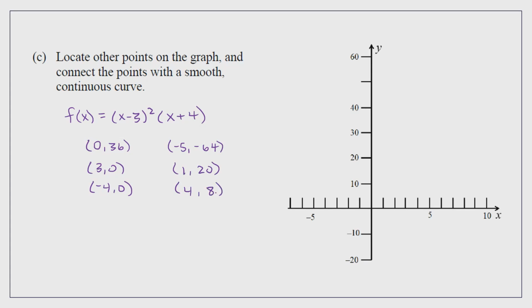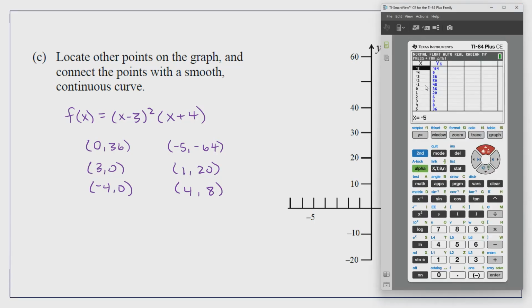Okay. Now you may want to get some other values because you want to make sure you have enough to show an accurate representation of your graph. So getting back to our calculator, I might choose some values like 2 and 6, 5 and 36, -3 and 36, and maybe even -2 and 56, just to make sure that I have enough points to show an accurate representation of my graph.